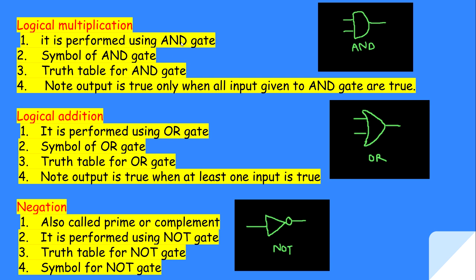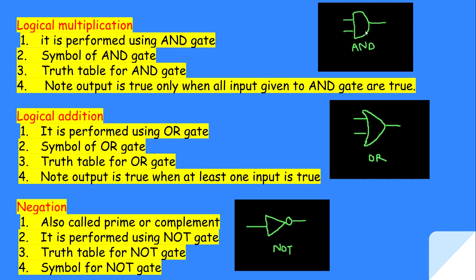Just forget about the electronic parts and all that stuff. You learn about these gates in logic design, but for now just remember that logical multiplication is performed using the AND gate.